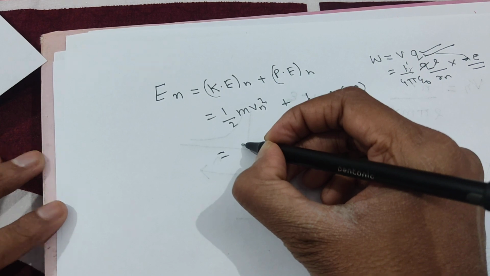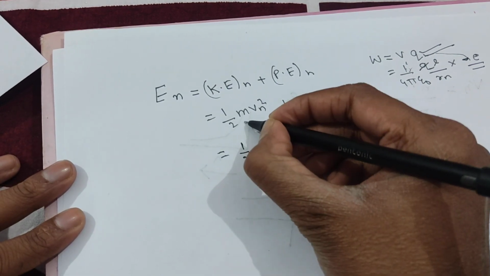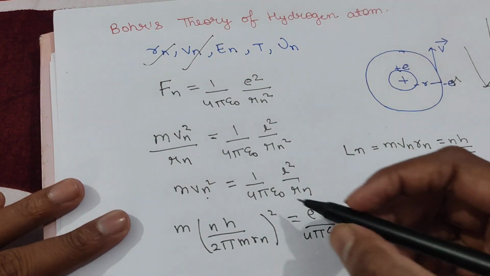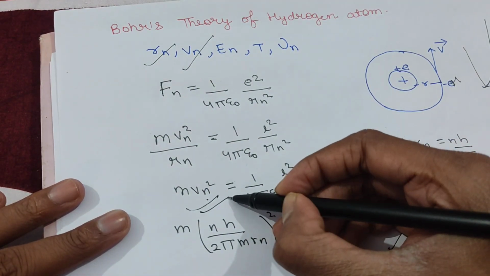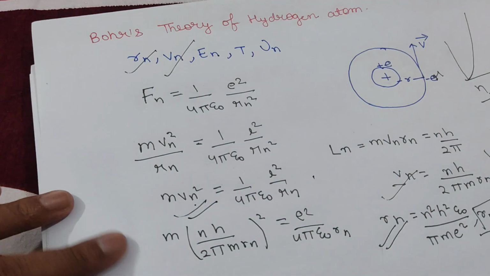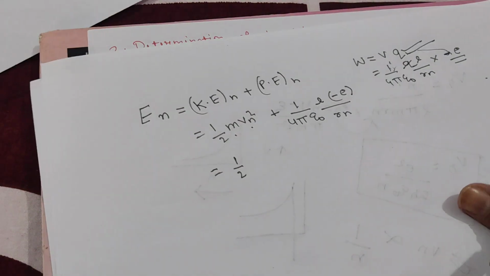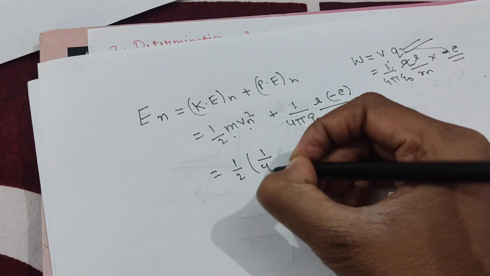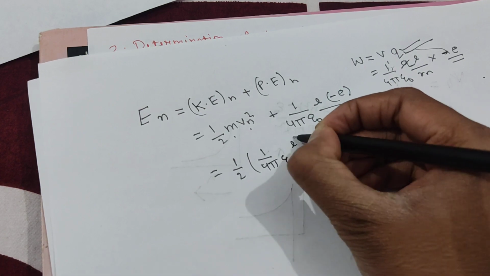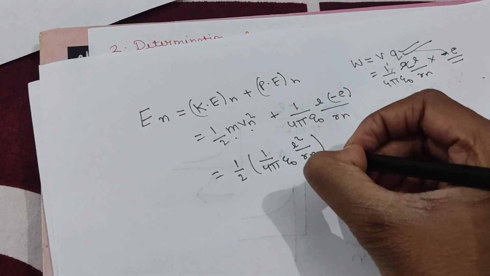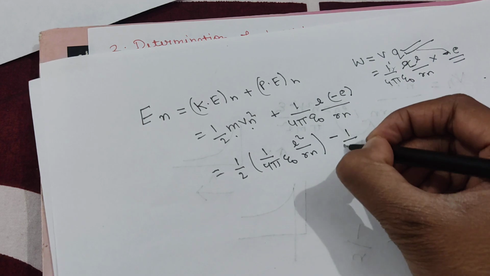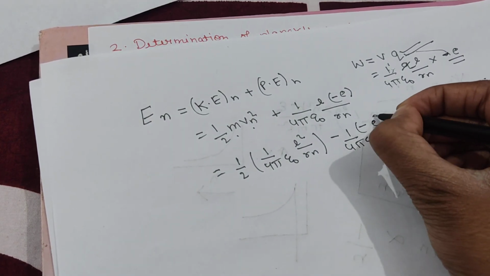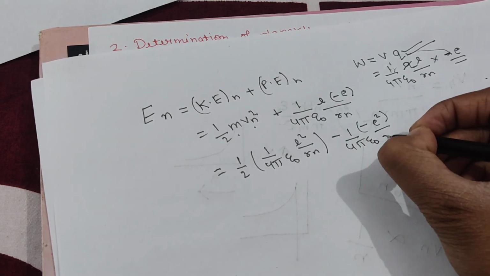Now solving this problem, we already have the m v_n squared. We'll put this equation in that. So let's put the equation. We'll have 1 by 4 pi epsilon naught e squared by R_n minus 1 by 4 pi epsilon naught e squared by R_n.